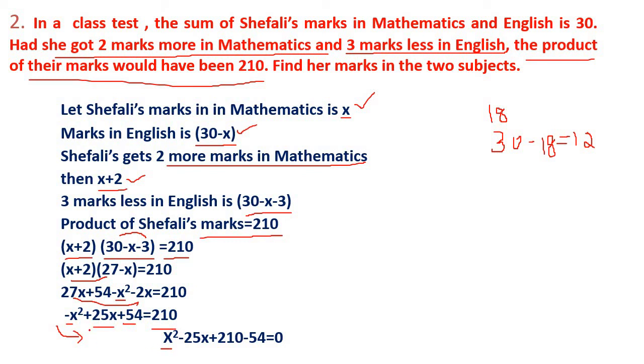Then transpose plus 25x to RHS, it becomes minus 25x, then plus 54 to RHS, it becomes minus 54, and 210 there only, which is equal to 0. Therefore, x square minus 25x plus 156 is equal to 0.